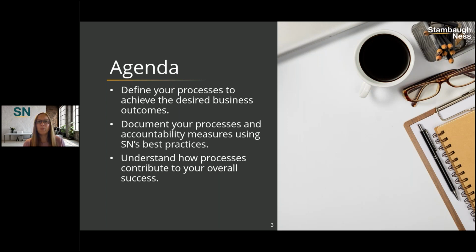I just wish people were more accountable, or how do I increase accountability in my organization? And so we actually have some simple ways for you to start putting pressure on that very topic, if you will. And then how do the processes contribute to your overall business success? So that's what we're going to focus on today. Have a couple definitions, tips, tricks, as well as refresh your memory on some models and so forth.